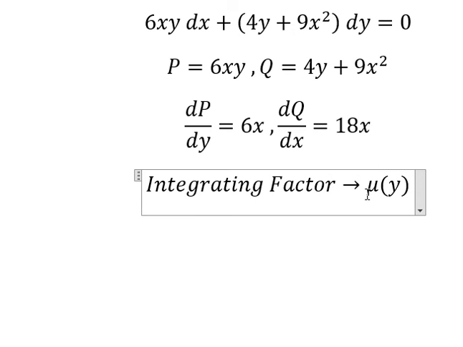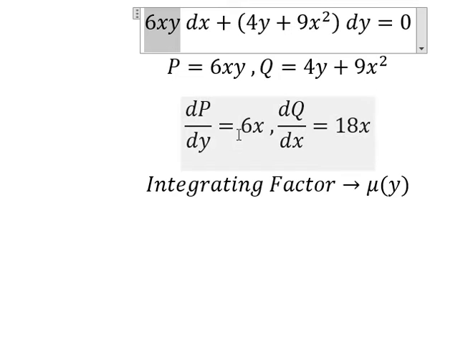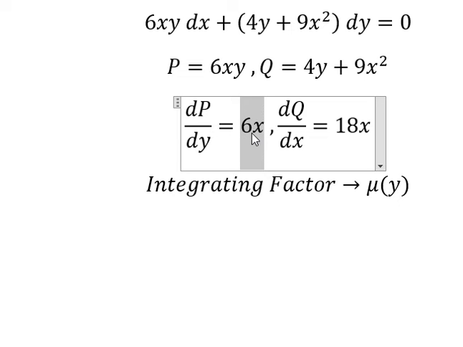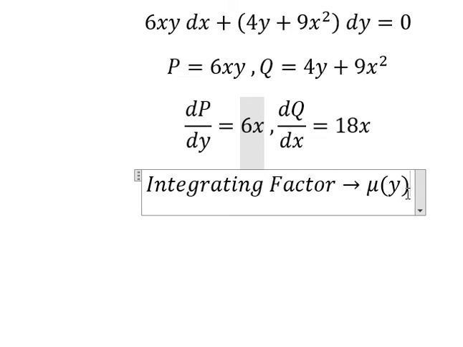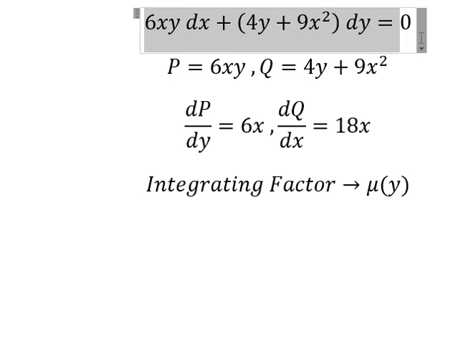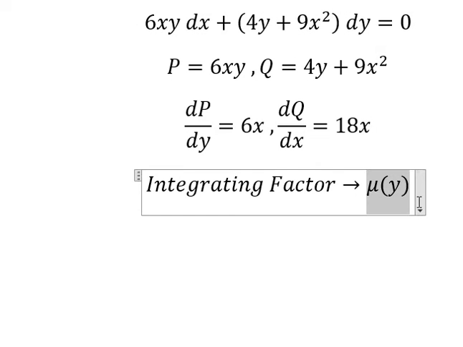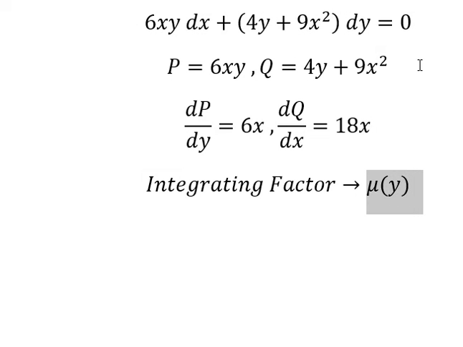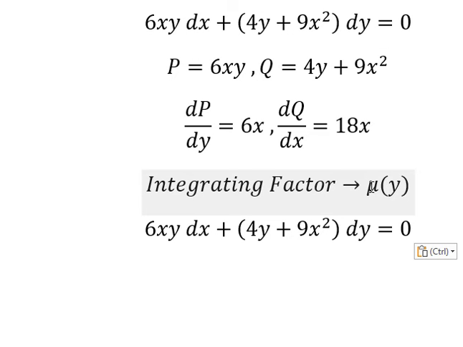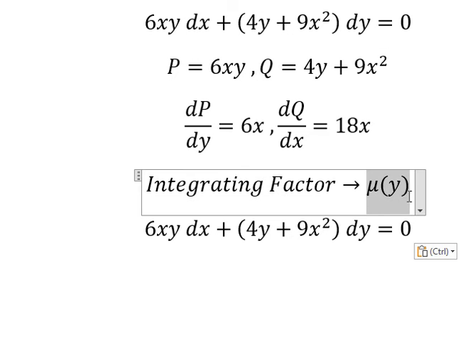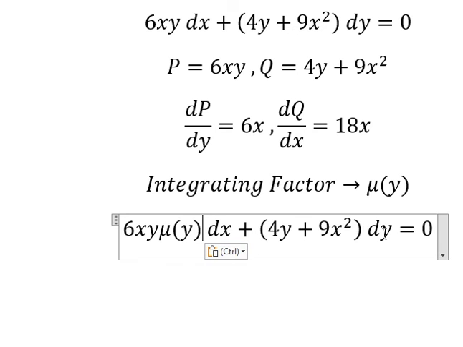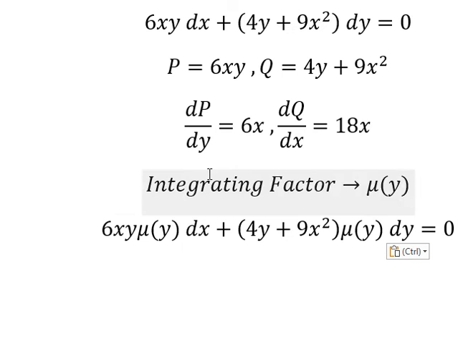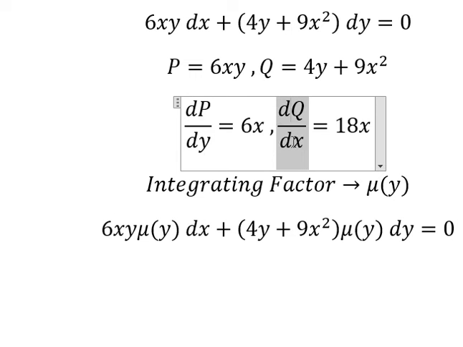Because if we go to mu y, we can get 6sy, and later we can simplify between 6s and 18s. Now, if we want to transform into exact, we need to find the integrating factor. That means we multiply both sides by this one, and we want this one equals to this one.